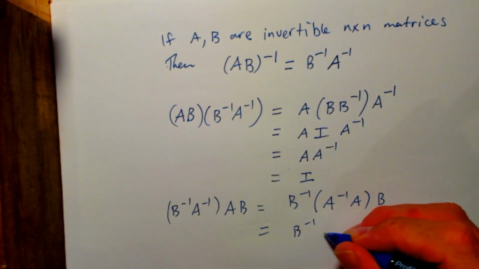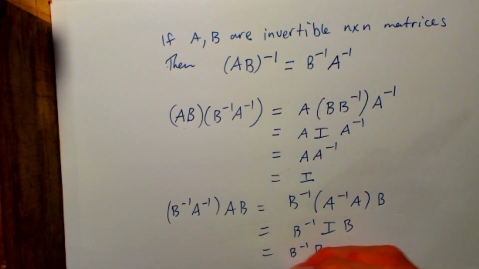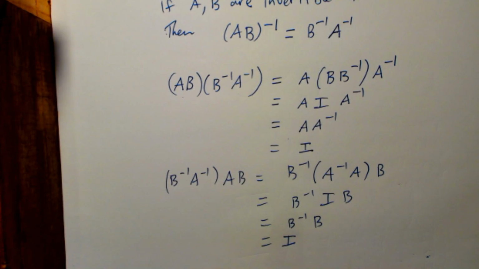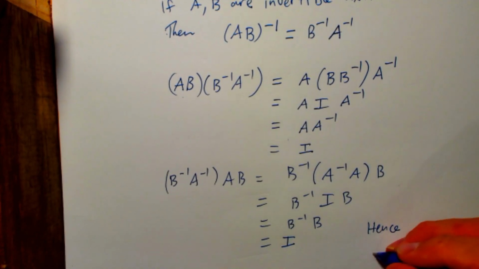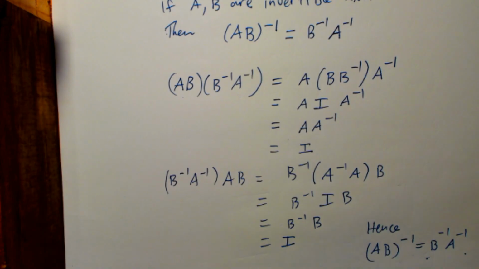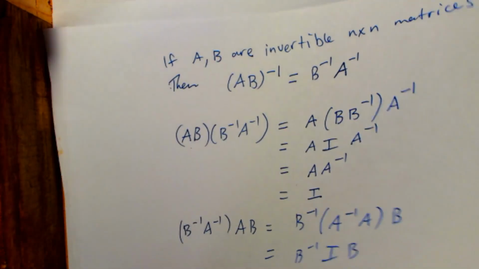So we've got B inverse I B, which is B inverse times B, which is I. So again, the product of those two gives the identity matrix, and hence the result follows that (AB) inverse is equal to B inverse A inverse, which is a pretty nice result. Alright, so now let's discuss Gaussian elimination to calculate a matrix inverse.